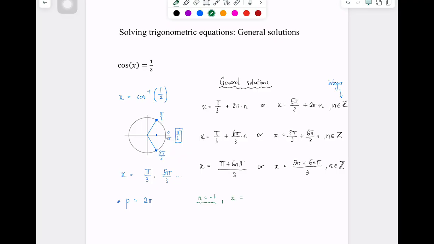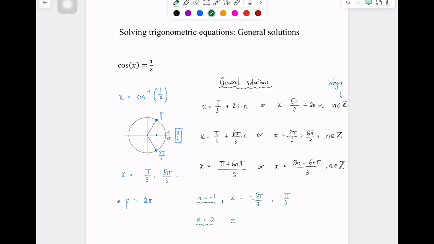This will give us x equals pi plus 6 times -1, which is -6 pi, so pi minus 6 pi is -5 pi on 3. Or, if we substitute -1 into the second solution, we have 5 pi minus 6 pi, which is -pi on 3. So that's our solution set if n is equal to -1.